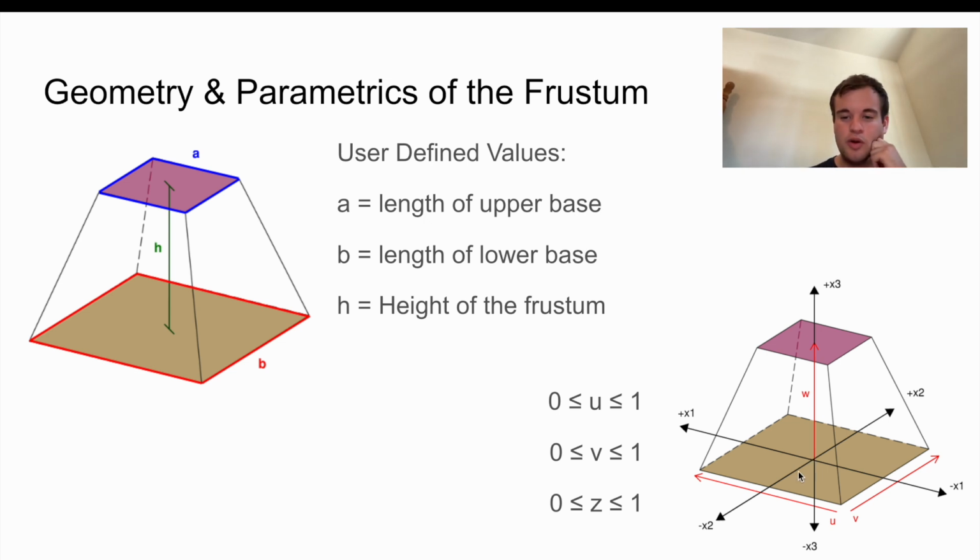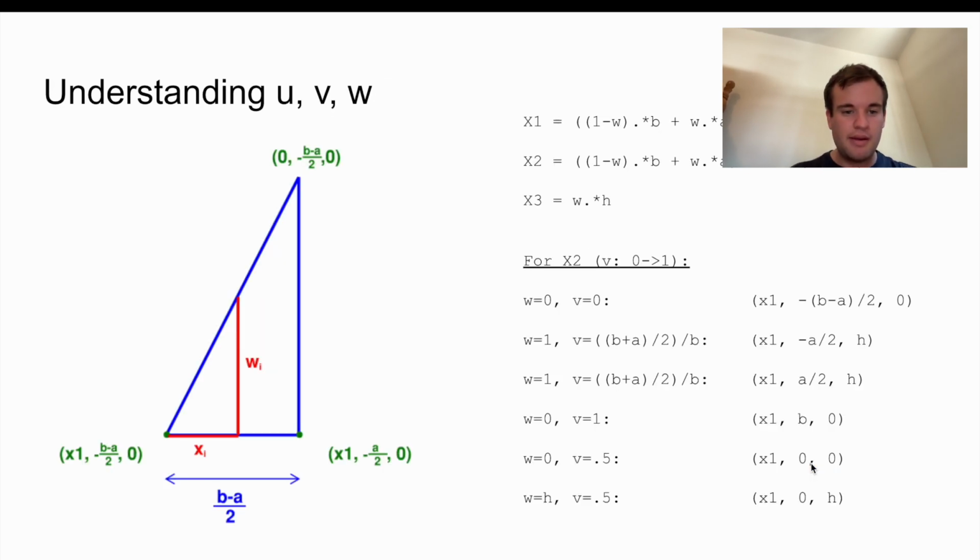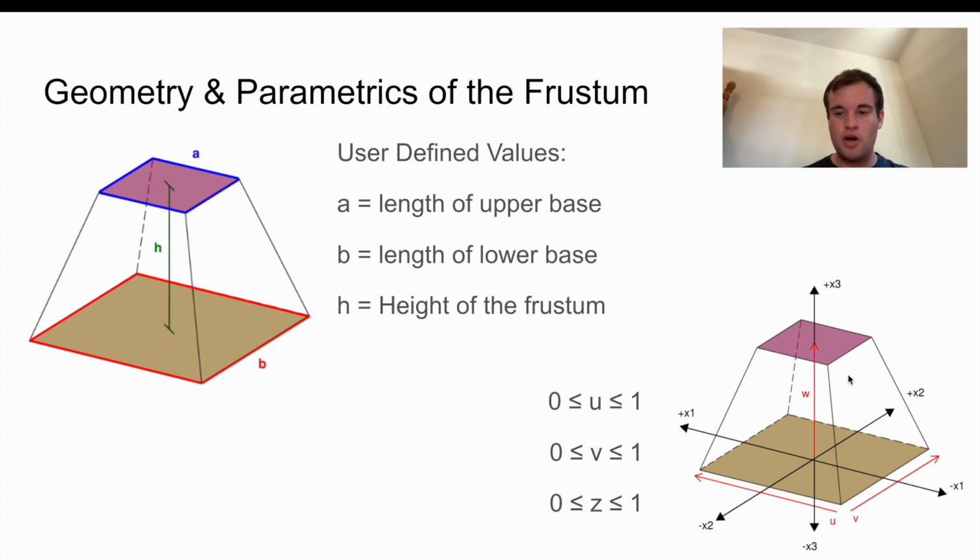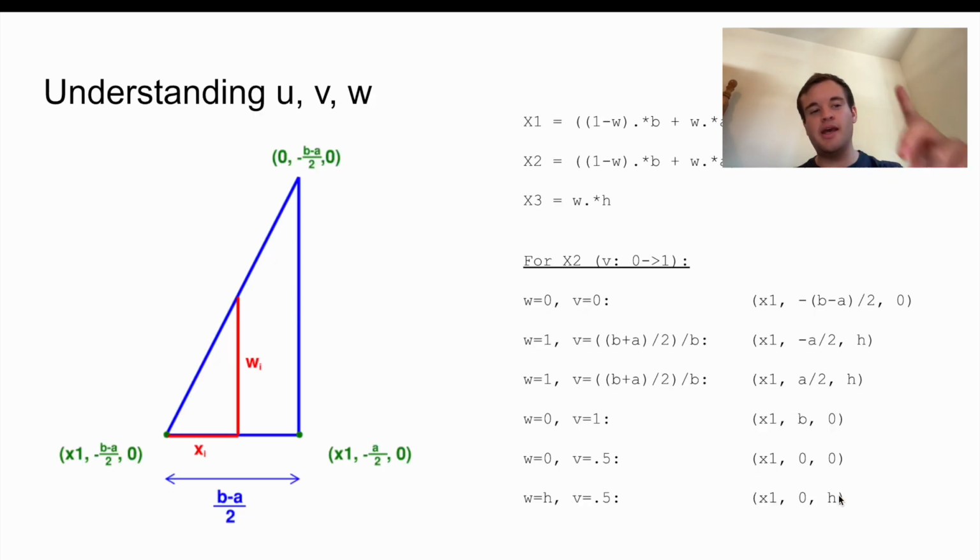So when v is 0, it's at negative a over 2 or negative b over 2, and at v equals 1, it's going to be at a over 2. So when v equals 0.5, it's got to equal 0. So it's important to understand that from the point where it becomes a square in the cross section to the corner is a triangle, following up that edge.